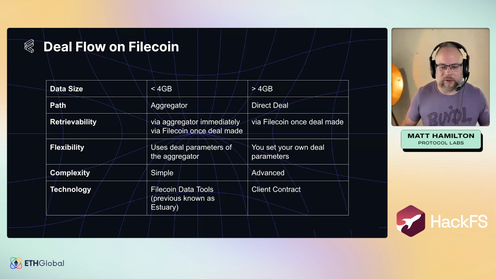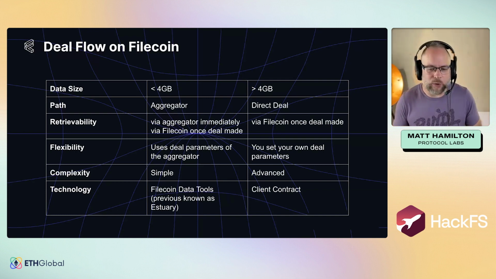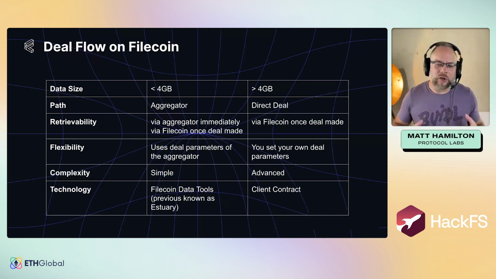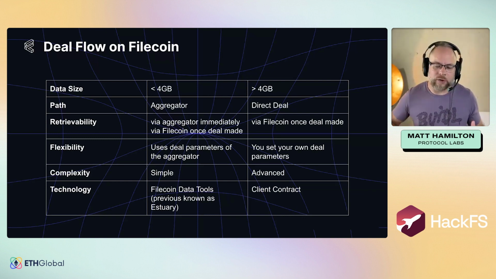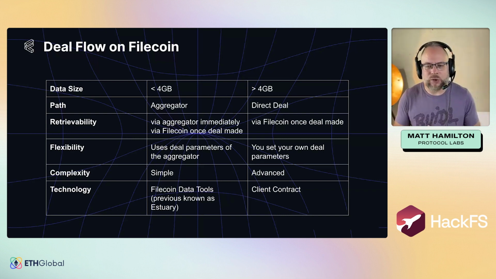So the technology for the aggregator, what I'm going to show you today is Filecoin Data Tools. There was a service called Estuary, and Filecoin Data Tools are the next evolution of the tooling behind Estuary. So Filecoin Data Tools allows you to spin up effectively your own version of Estuary yourself.